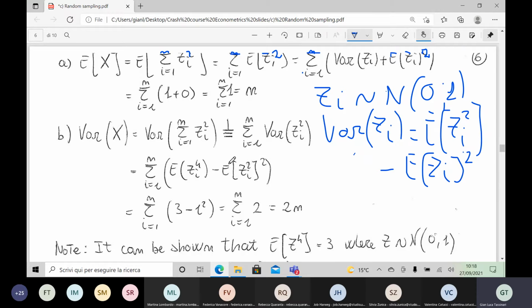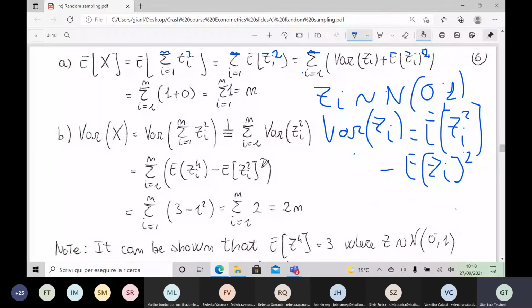Which is the expectation of theta i square? Guys, we got it previously. The expectation of theta i square, we got it here, was equal to 1. Guys, remember, the variance of theta i is equal to 1. This expectation is 0. So this term is equal to 1, but this term is exactly the expectation of theta to the power 2. So here insert 1, okay, to the power 2, which is 1.